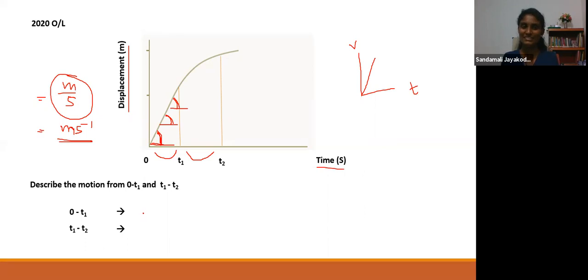Can you get it? Yes, it's a constant velocity. So we have to select this answer as the constant velocity.